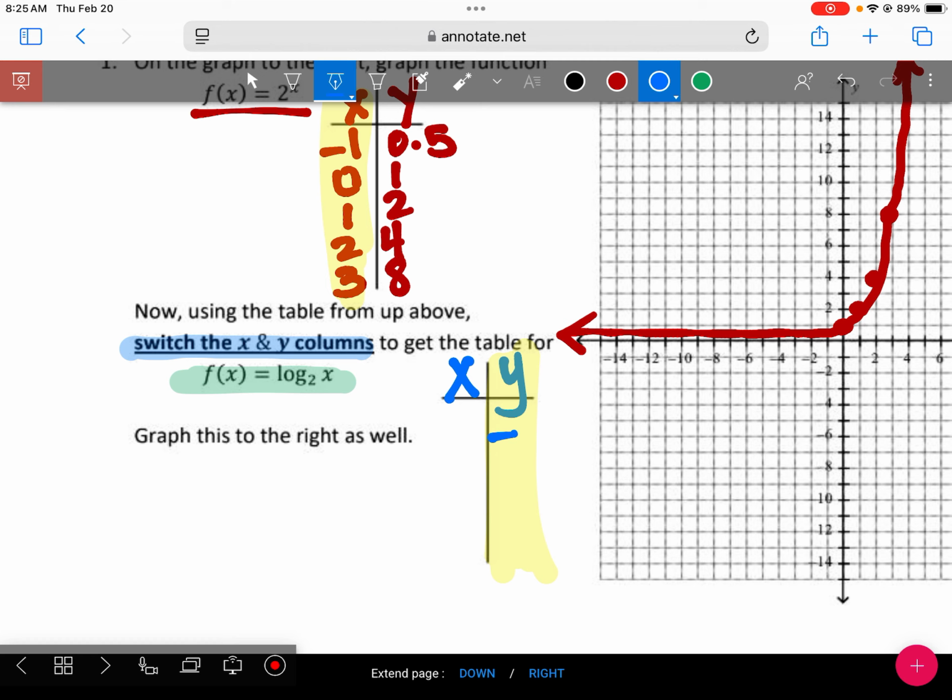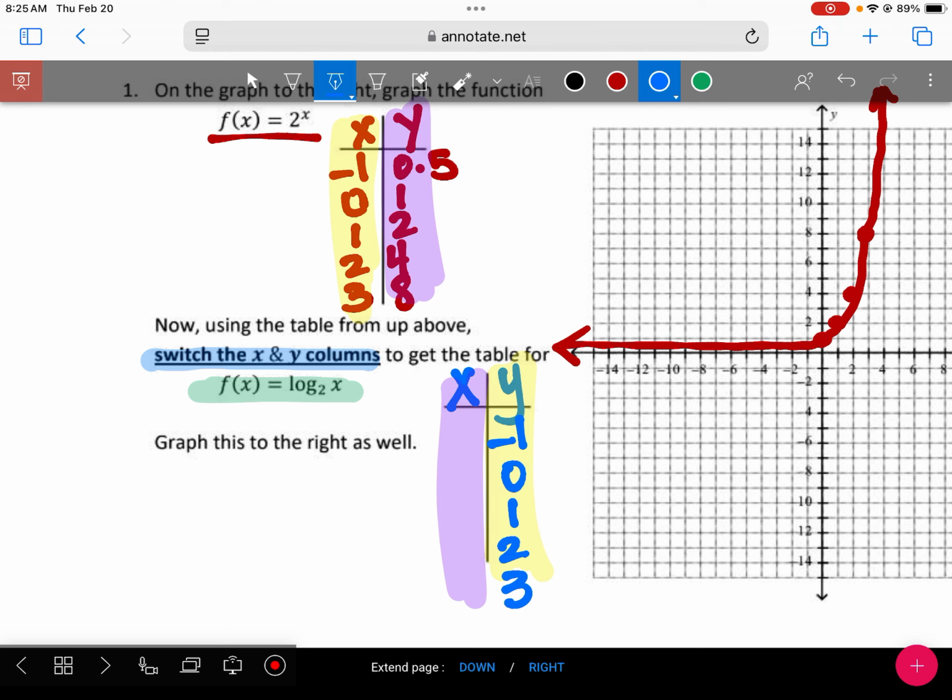So we have negative 1, 0, 1, 2, 3. And then we're going to take all of our y values and write them under x. So we would have 0.5, 1, 2, 4, 8.